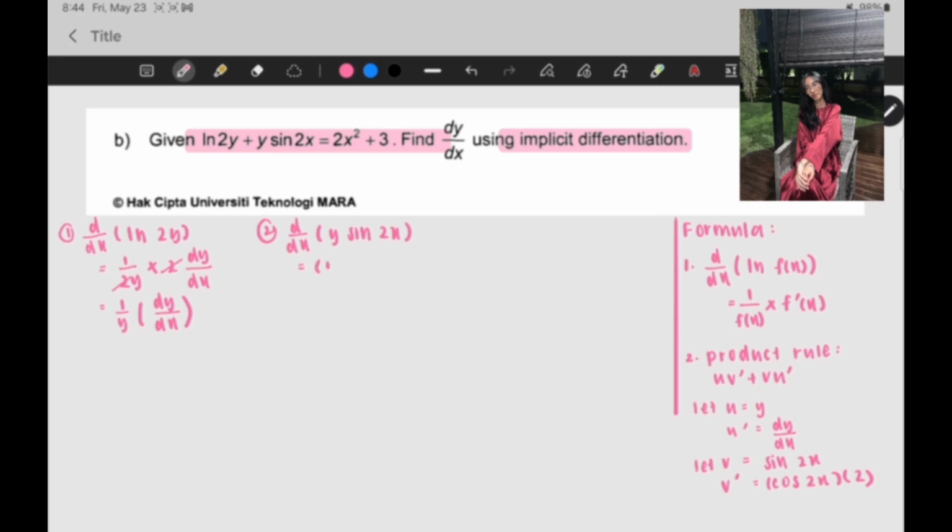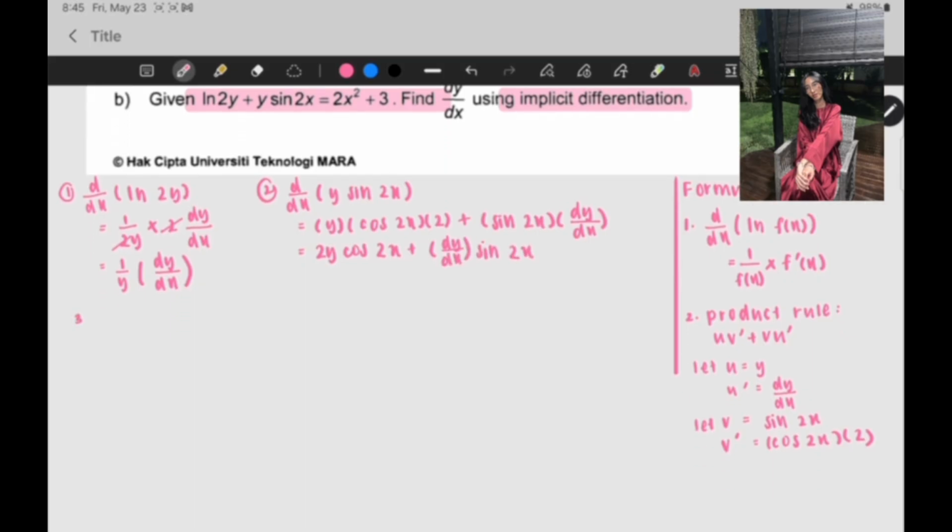Then we substitute the values into the formula u v prime plus v u prime. Then it will be y cos 2x times 2 plus sine 2x times dy over dx. Then we can expand the brackets. It will be 2y cos 2x plus dy over dx times sine 2x.